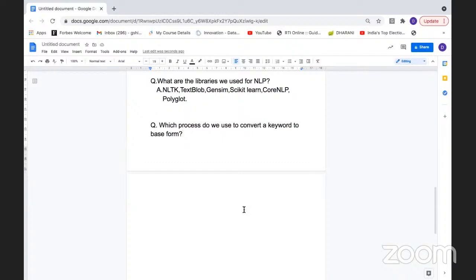How do we start with the first step? In libraries, I missed one more thing, I guess. Megatron. It's a new library launched recently, a few days back. This is also one of the libraries. You can mention that. We didn't use it, but you can mention that. Which process do we use to convert a keyword into a base form?